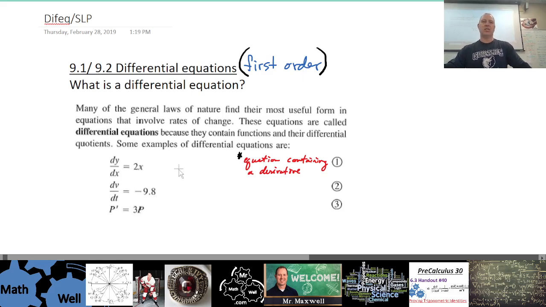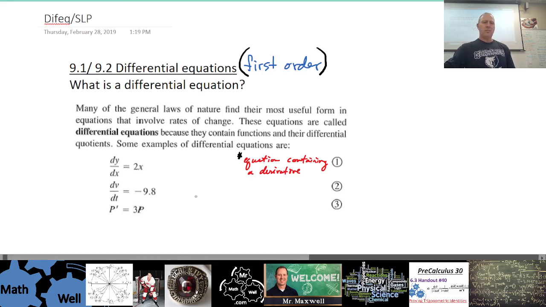That's a gravitational acceleration kind of thing. So the derivative of velocity is acceleration, right? So yeah, gravitational acceleration. And then you might see something like p prime equals 3 times p. And again, I don't know what that one would necessarily be similar to.